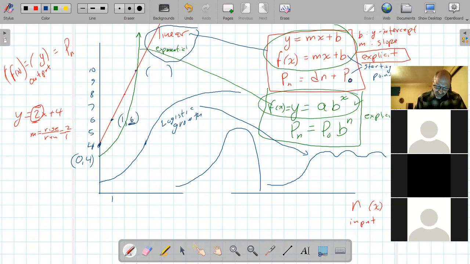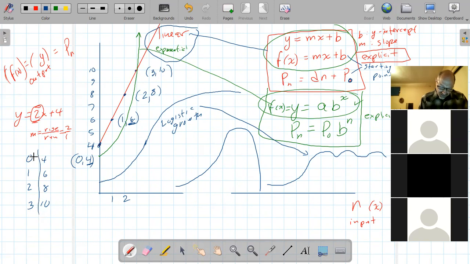The first term is 2 more than the 0th term. The next term, the second term after the beginning, is 8. It's 2 more than the previous term. So if you look at it, 0, 1, 2, 3, we have 4, 6, 8, 10.